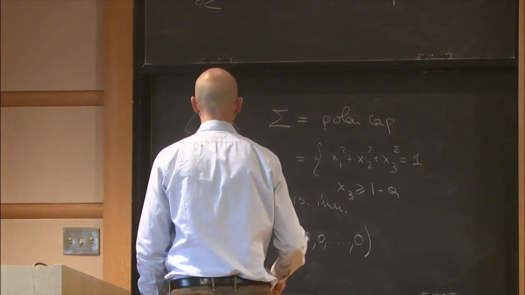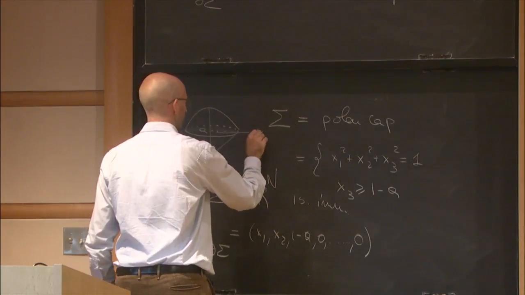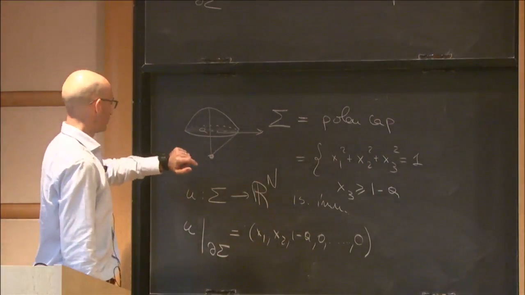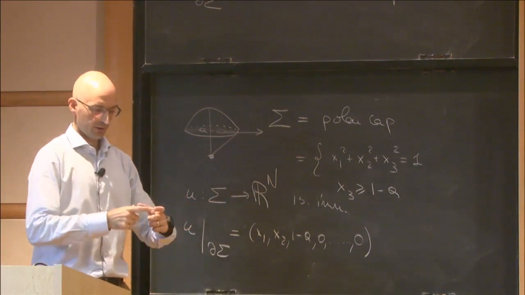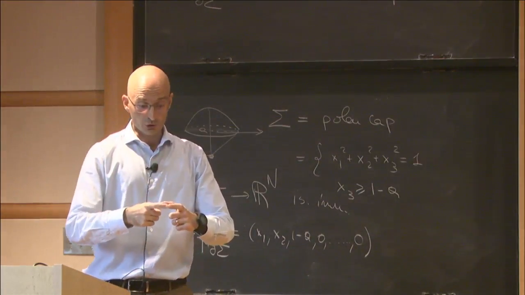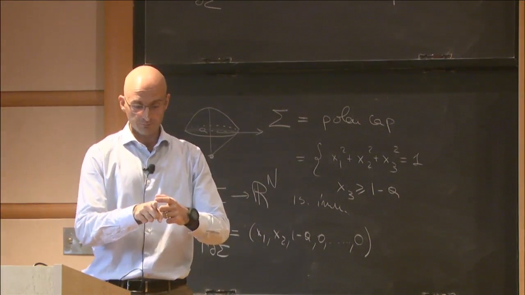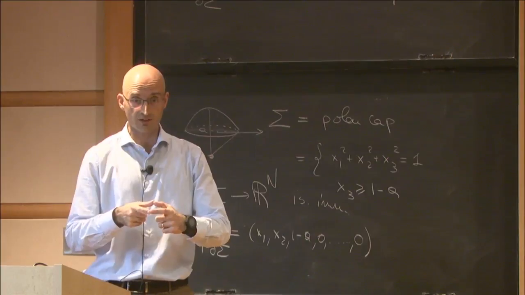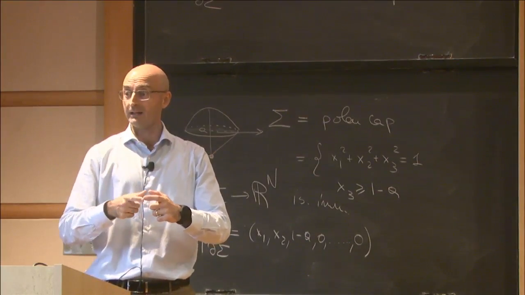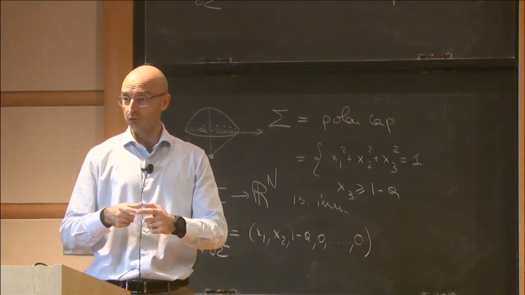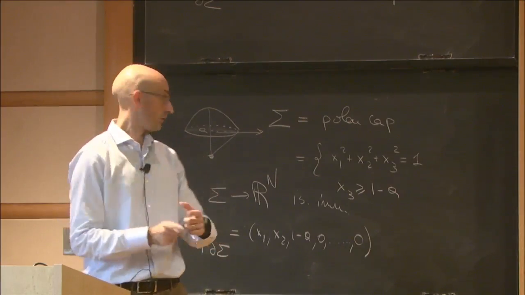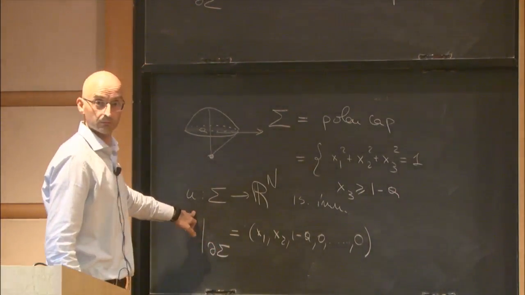If you were looking at a smooth isometric embedding, you can compute the curvature of the curve in Rn. And then you can project this curvature vector on the tangent. And the projection of the curvature vector on the tangent would be the geodesic curvature of your boundary of sigma, right?